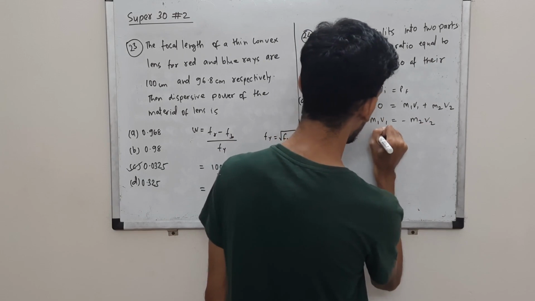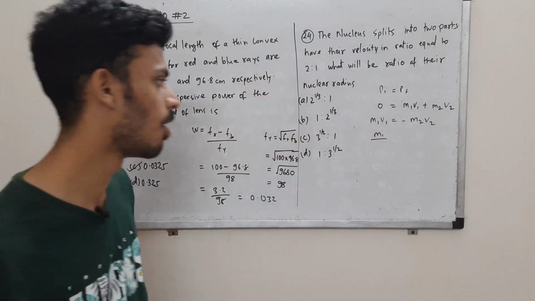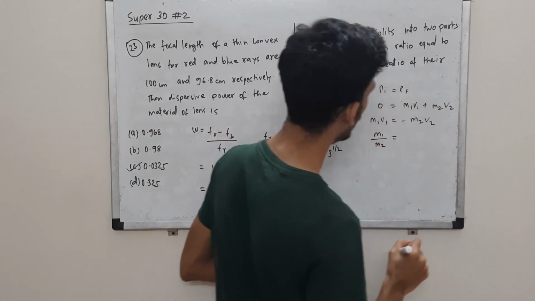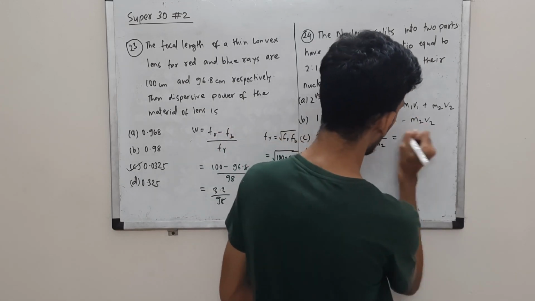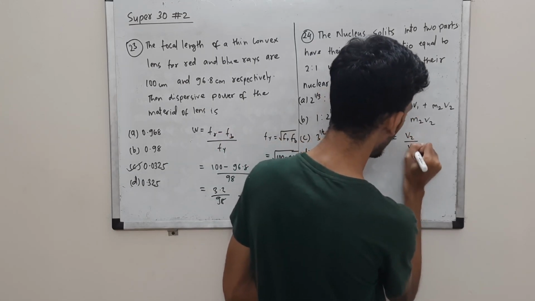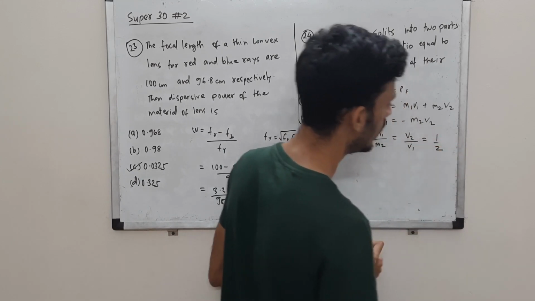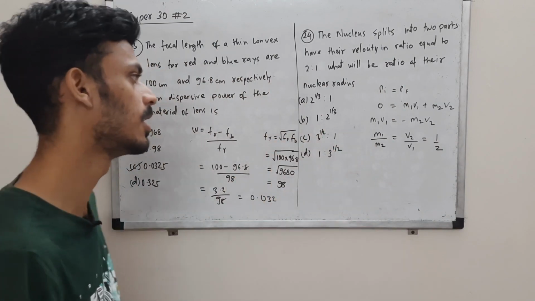Forget the sign, it just says that the two will have velocities in opposite directions. We are supposed to find r1 by r2, and we'll reach there from here. m1 by m2 is v2 by v1. Since v1 by v2 is 2 is to 1, v2 by v1 is 1 by 2.